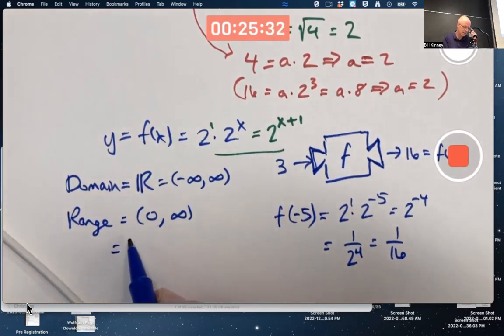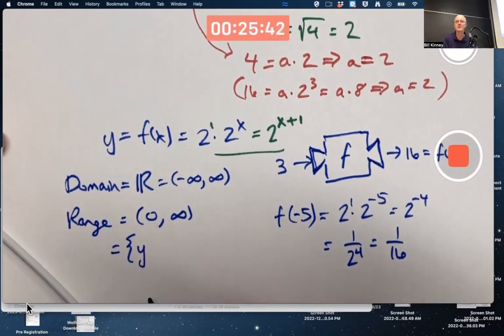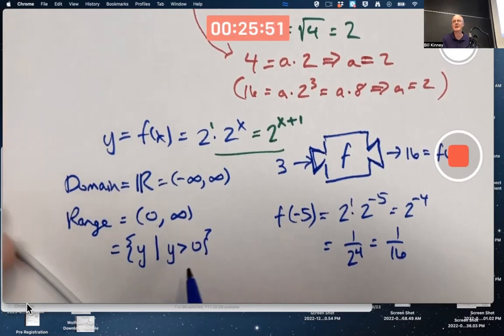I could also use the set builder notation, curly braces, the set of all, should I call them X? Well, since it's outputs, I probably should call it Y just to avoid confusion. The set of all Y values such that Y is positive. The textbook, by the way, doesn't use the set builder notation with the curly braces.